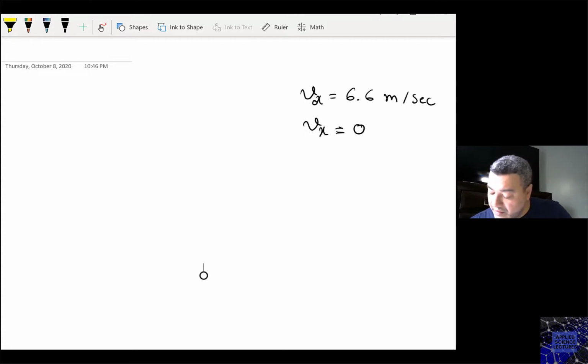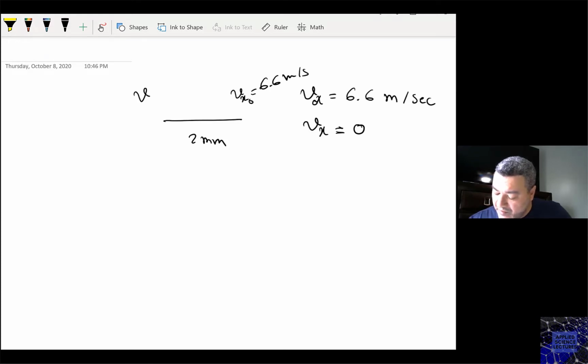So we have, let's say, 2 millimeter with a Vx of 6.6 meter per second, and here Vx is 0.